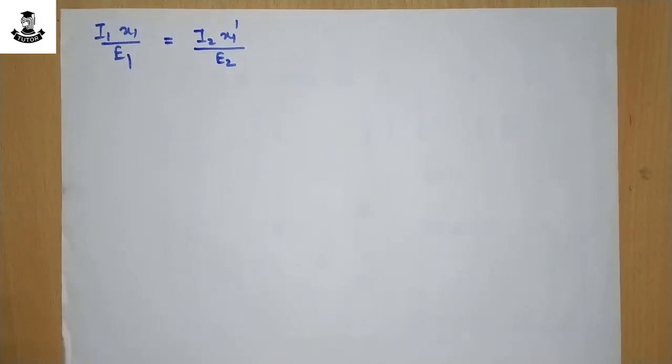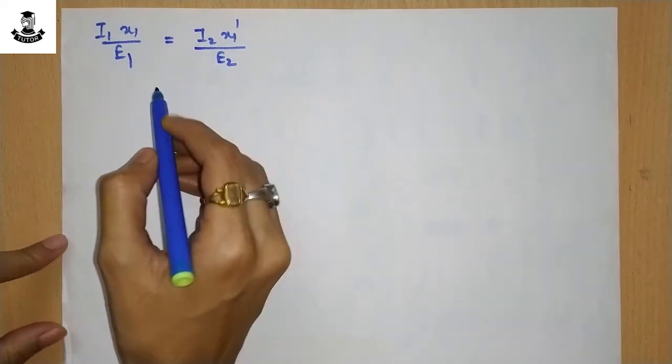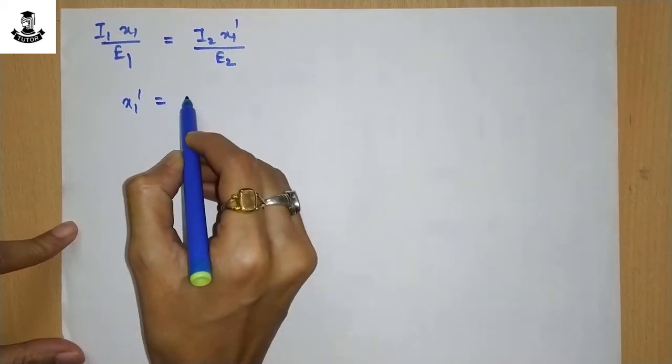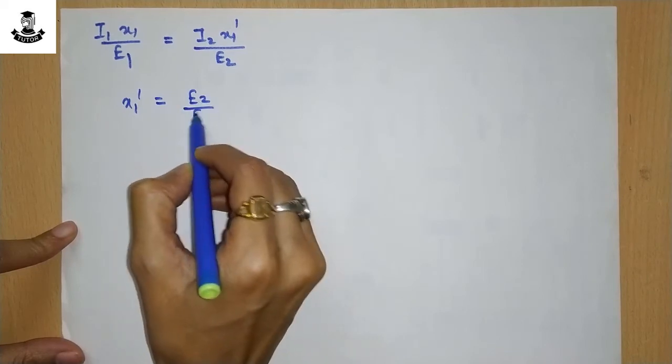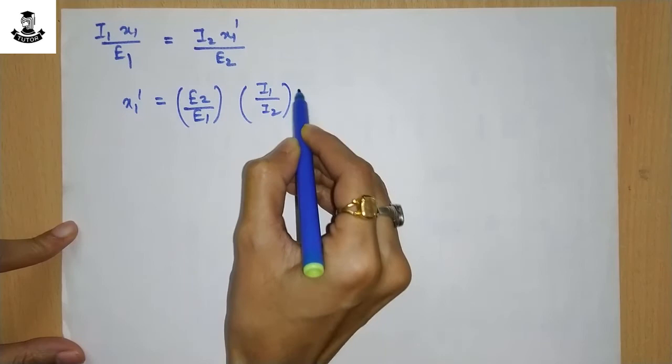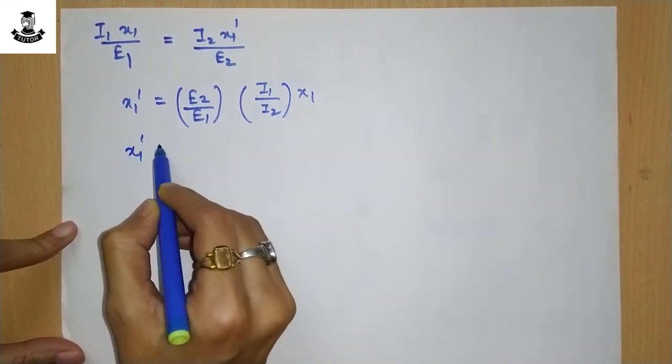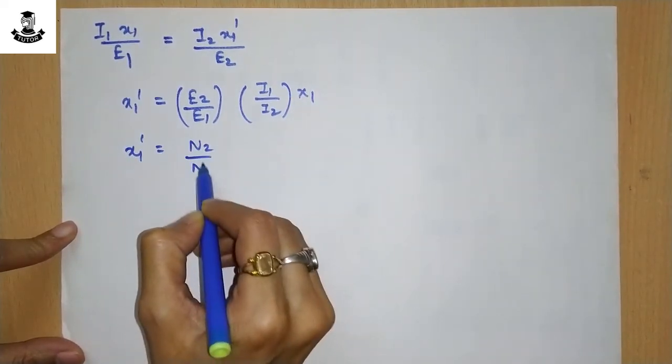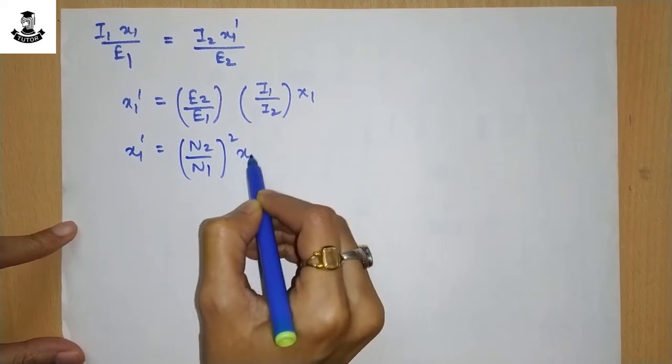X1 dash is the reactance referred on the secondary side. We know both are equal, therefore X1 dash is equal to E2 by E1 into I1 by I2 into X1, which is (N2 by N1) whole square X1.